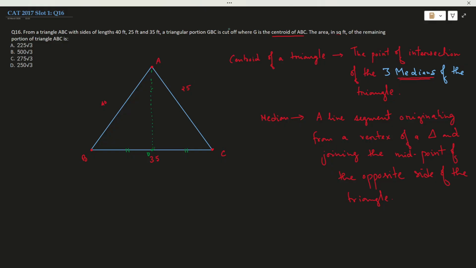Similarly, let's say this is the median BE.